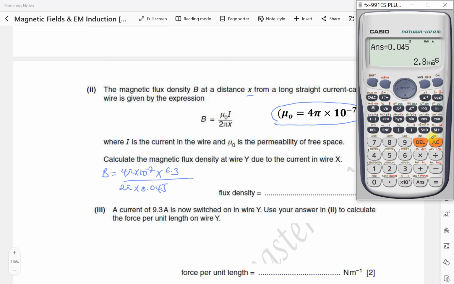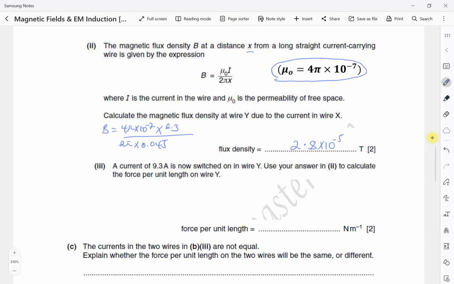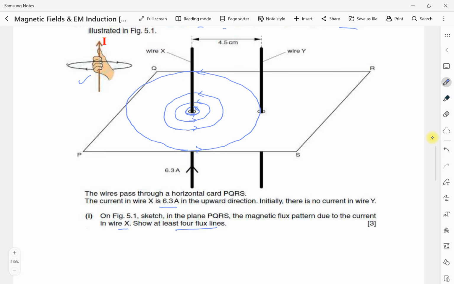That gives us 2.8 times 10 to the power of minus 5 Teslas. A current of 9.3 amperes is now switched on in wire Y. So now there is a current of 9.3 amperes.